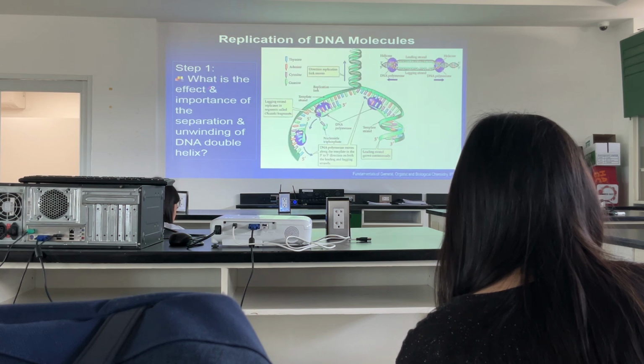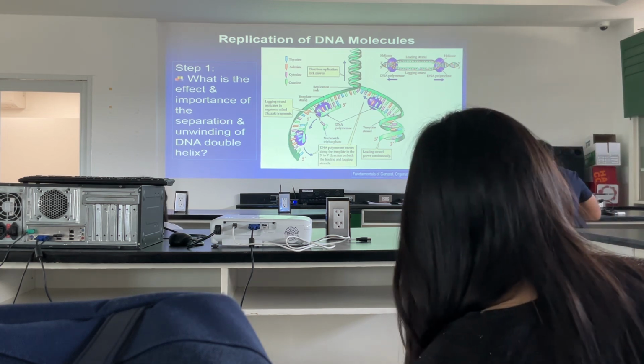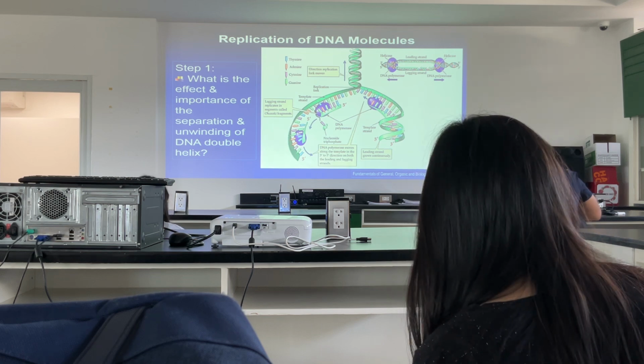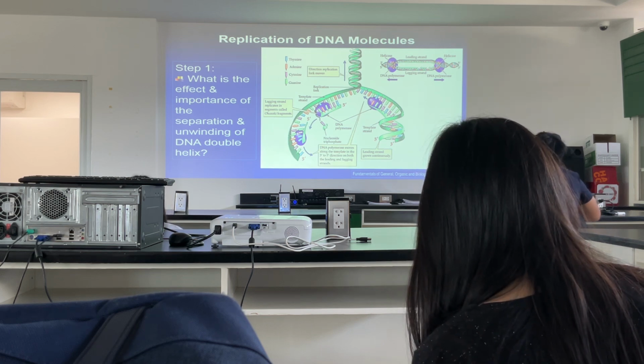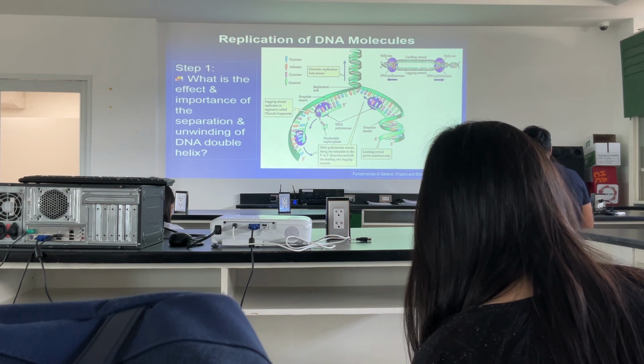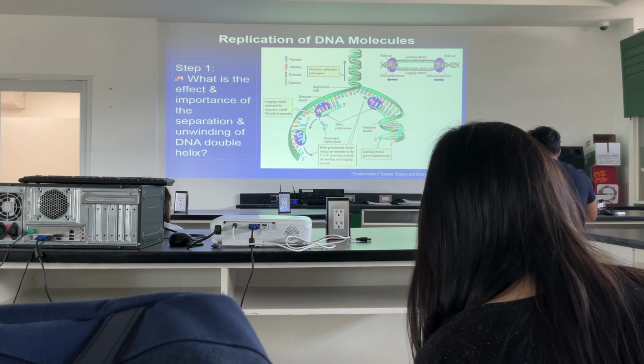So what is the effect and importance of the separation and unwinding of the double strand? So one effect, if the helicase will break the hydrogen bonds, it will now expose the bases in each strand.